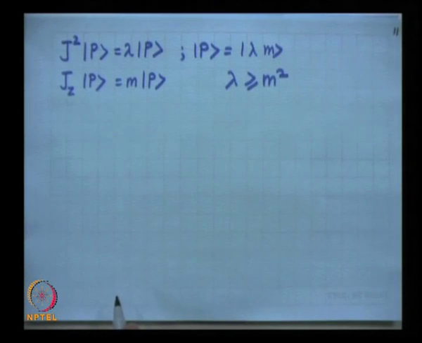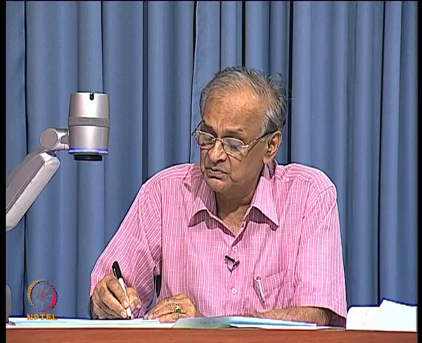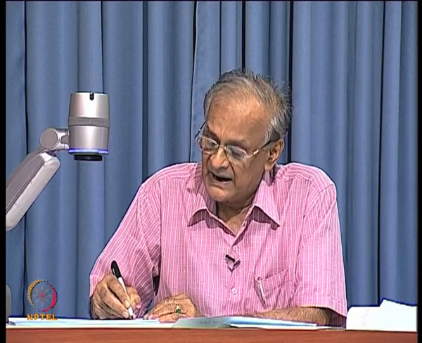Now, in the harmonic oscillator problem, we had defined two operators a and a bar, represented by what are known as annihilation and creation operators. Here we define two operators which will be called ladder operators.